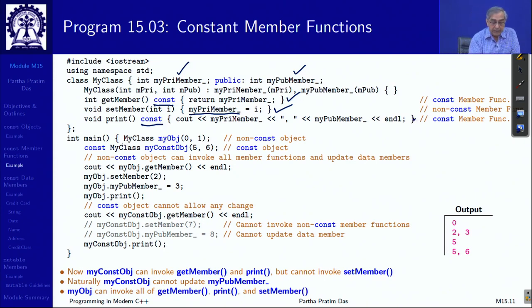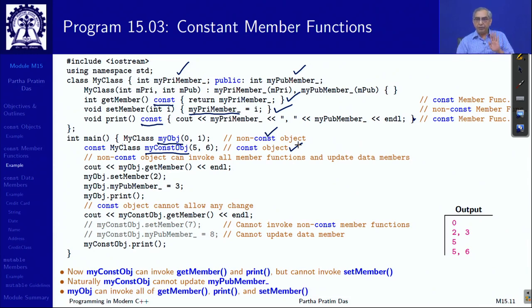Now, let us define two objects, one is myObj and one is myConstObj. This is non-constant, the second object is constant. Now, if the object is non-constant, then I should be able to invoke any member function.